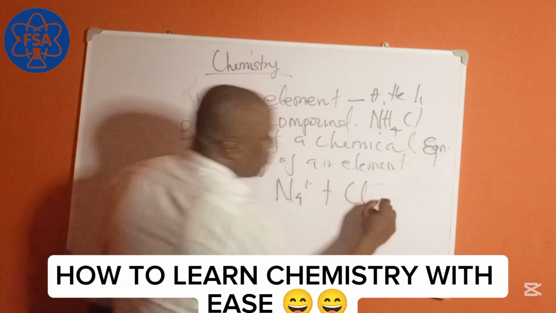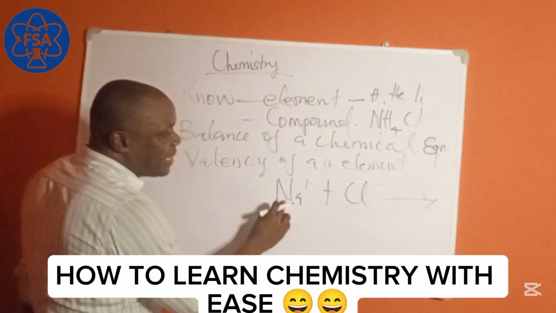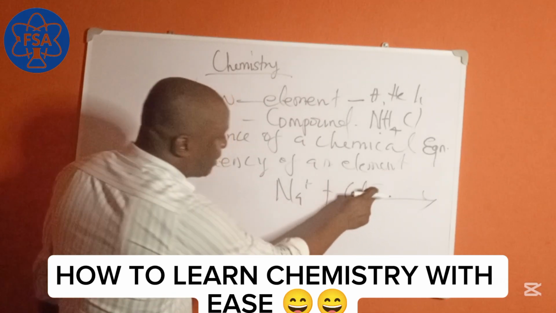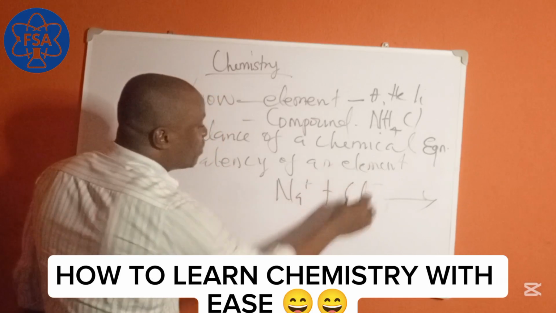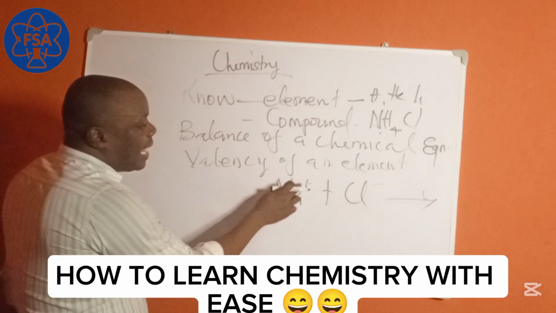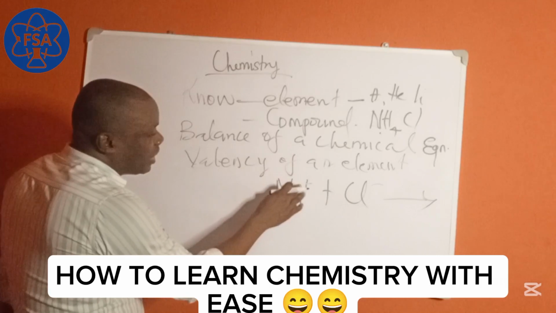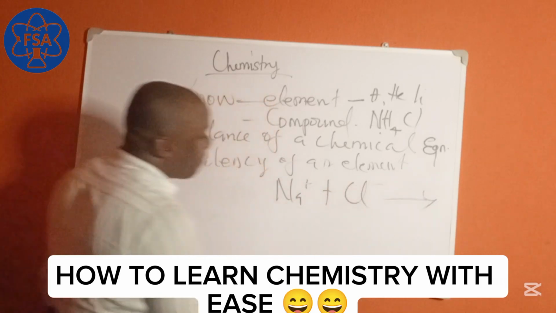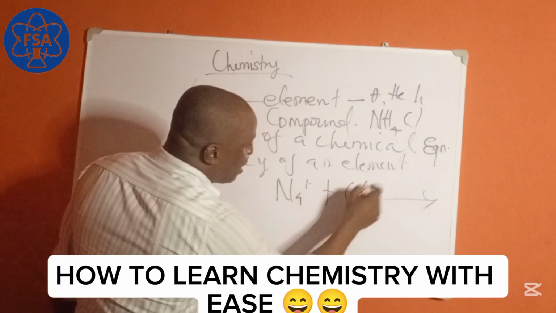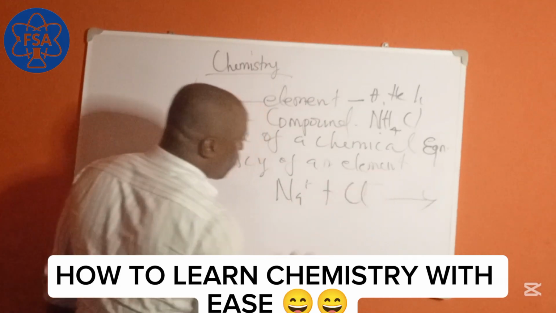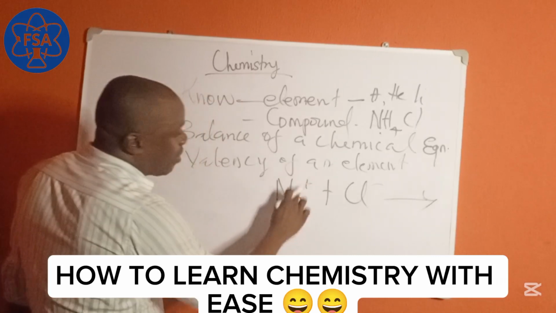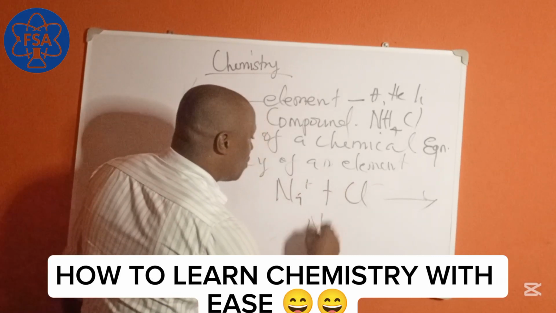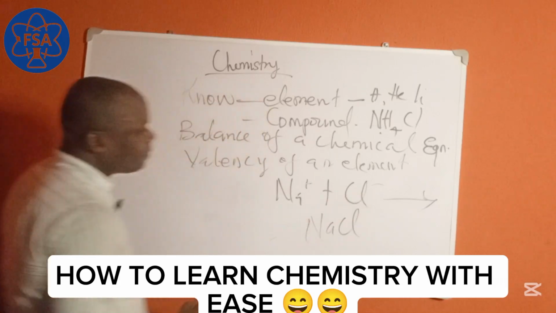The atom shell of chlorine is looking for one electron to complete it, while sodium has an extra electron on the upper part of its atom shell, a single one which can easily be donated to another element. You now see that this is minus 1 and this is 1 also. So this will give out to this, and you now have sodium chloride.